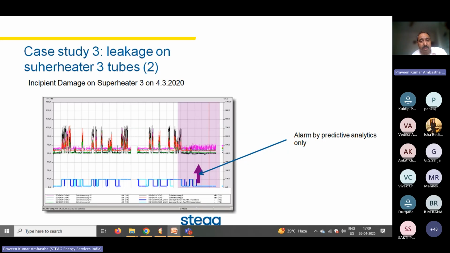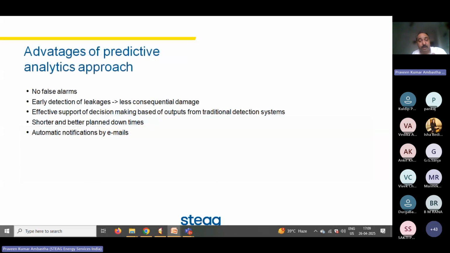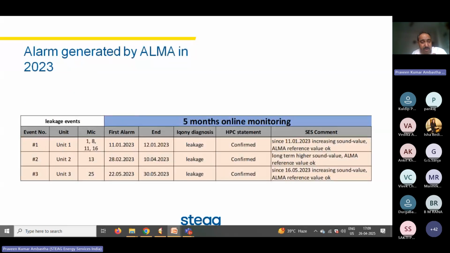Here we can see that with the help of the AI model, we got the fault well before the fault occurred.